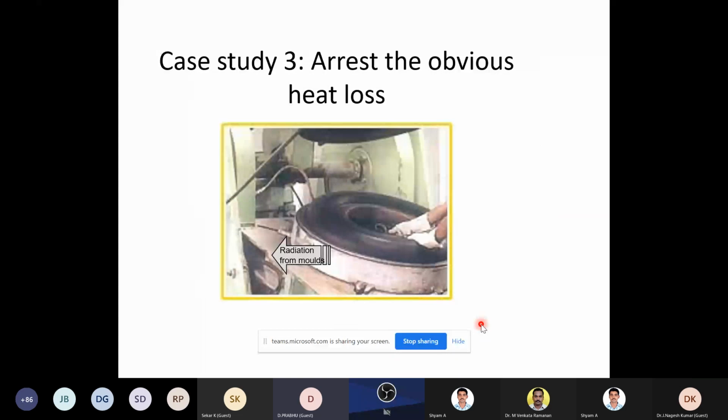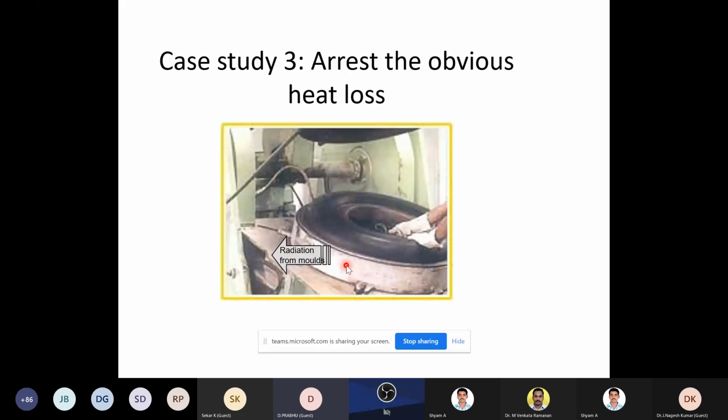And this is a very simple process, the tube molding machine. Here the curing is done for the tubes. This is a mold. If you go around this area, it was too hot, very difficult to remain in that place.